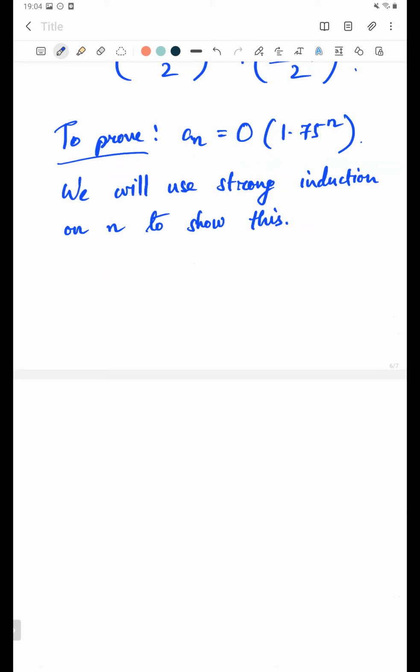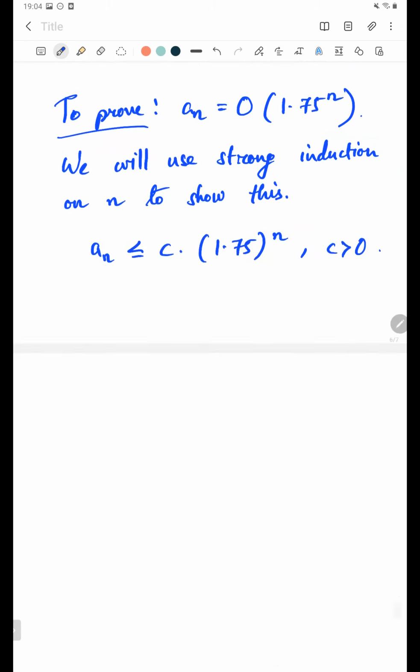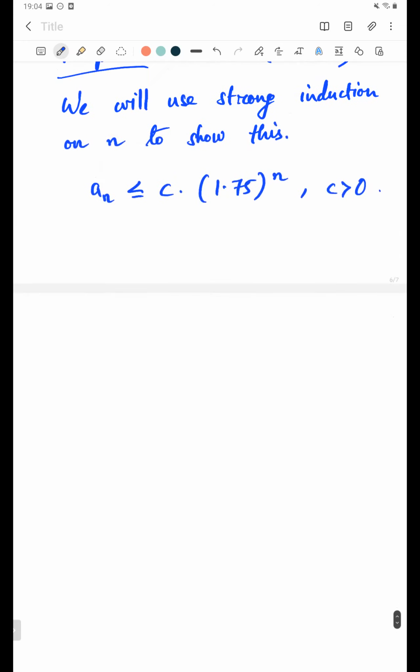So to do this, we need to show that a_n is less than or equal to c times 1.75 to the power n for some constant c greater than 0. So let's do this.